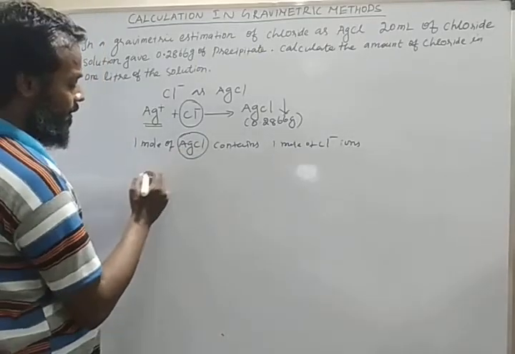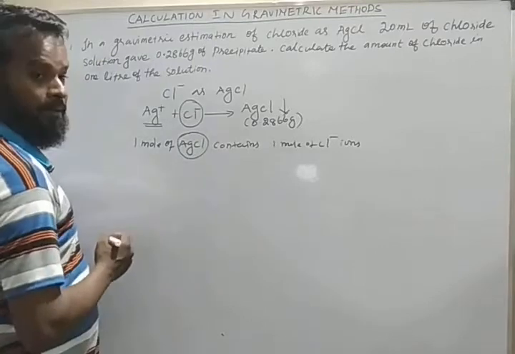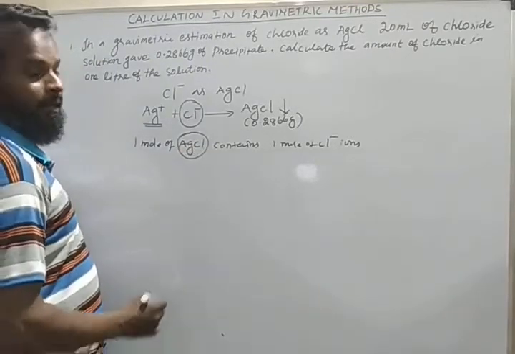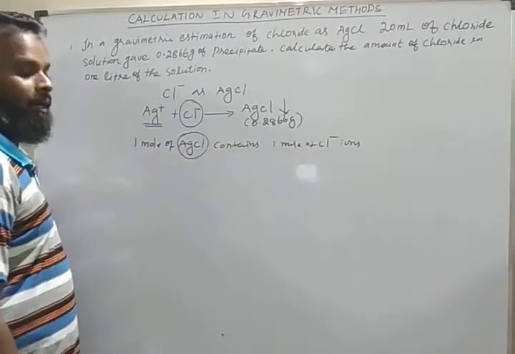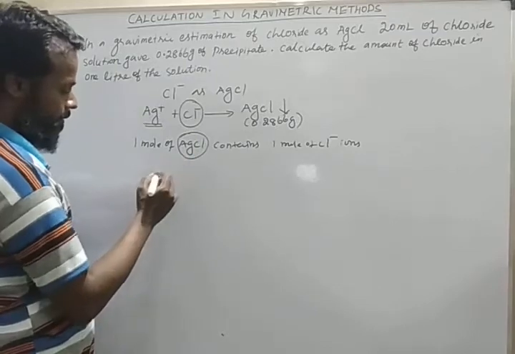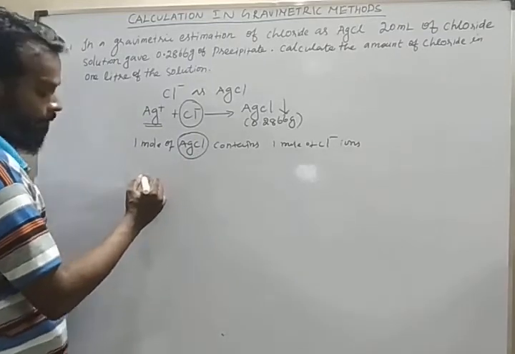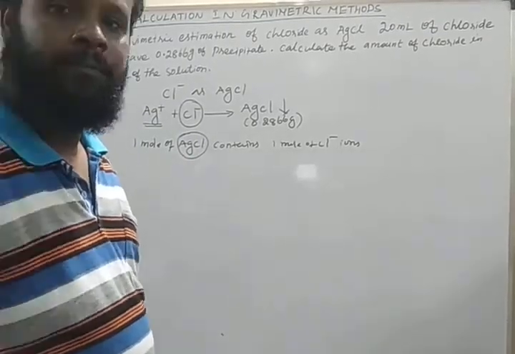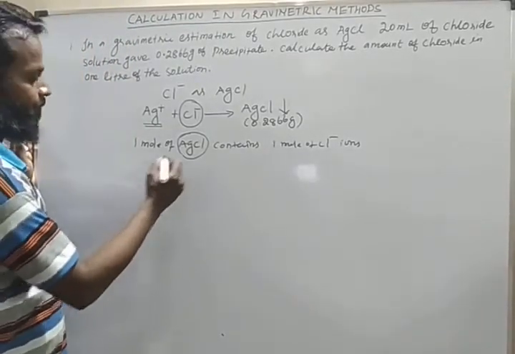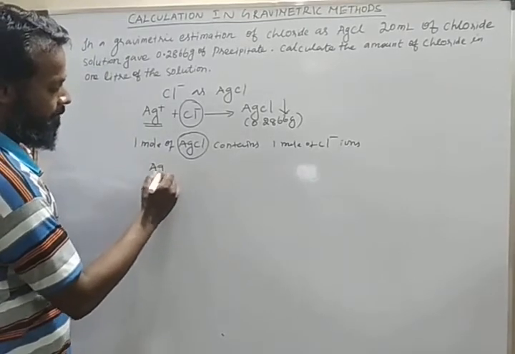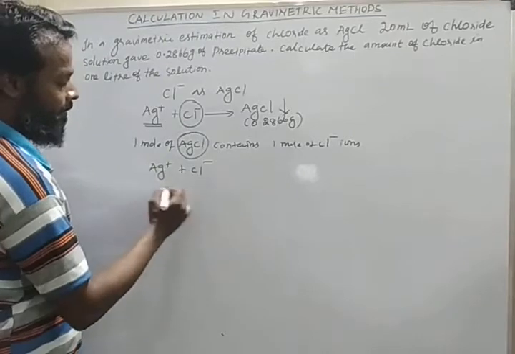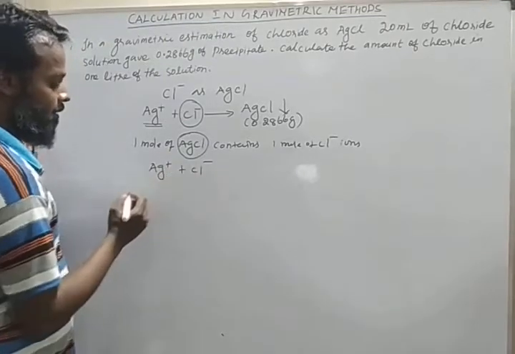So we should know the ionic weight of silver ion and the ionic weight of chloride. Here we have Ag plus and Cl minus, so we have to add the ionic mass of these two.